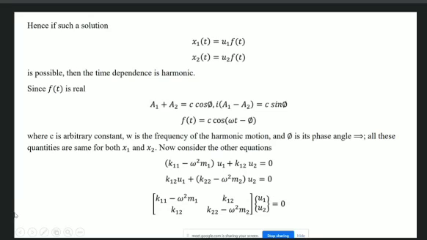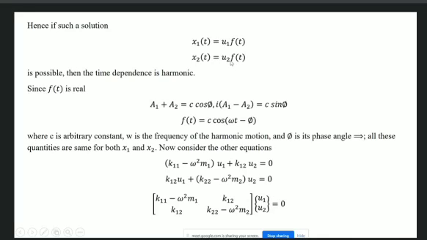If we substitute x1(t) equal to u1 f(t) and x2(t) equal to u2 f(t), then x1 double dot t will be u1 f double dot t and x2 double dot t will be u2 f double dot t.